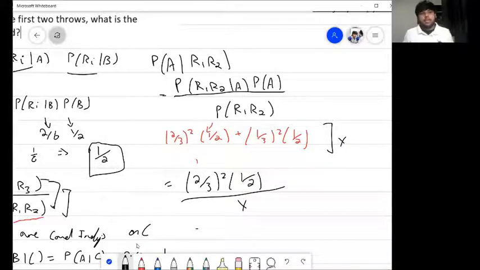Okay. Laplace's rule of successive terms essentially tells you that if you have successive terms that are conditionally independent on another event, then you can use Laplace's rule of successive terms.